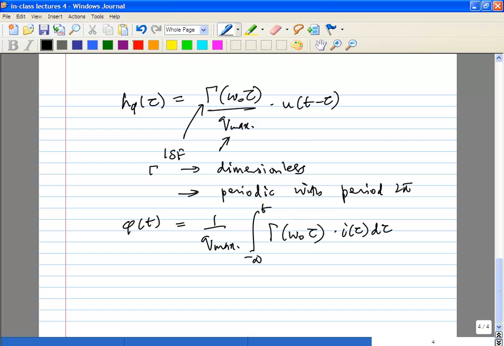What you are trying to do is find the instantaneous phase at t, calculating all the phase perturbations which have happened till time t. For each instance when the noise is injected, there is going to be a certain gamma. So you are multiplying gamma by i of t and integrating from minus infinity to t.